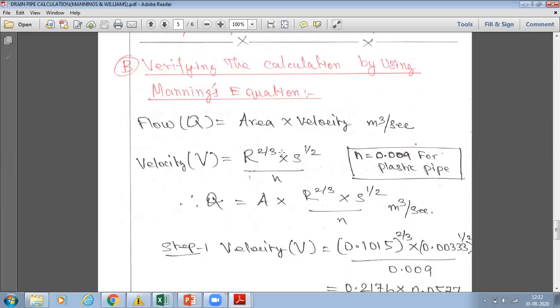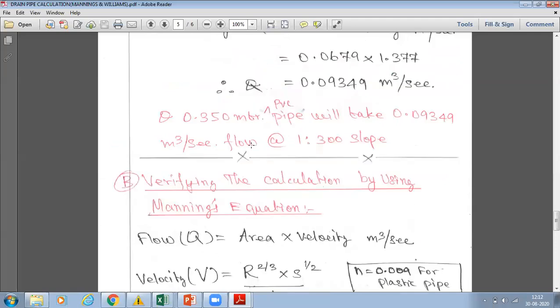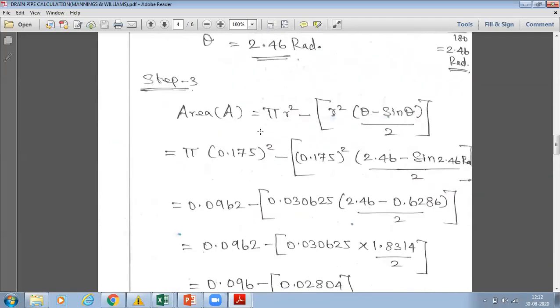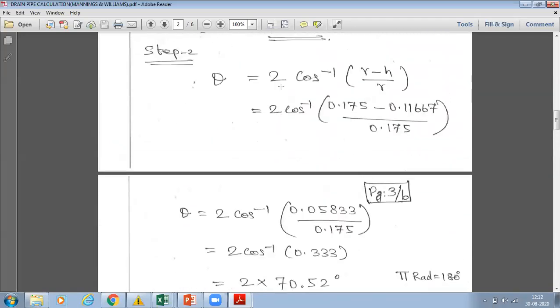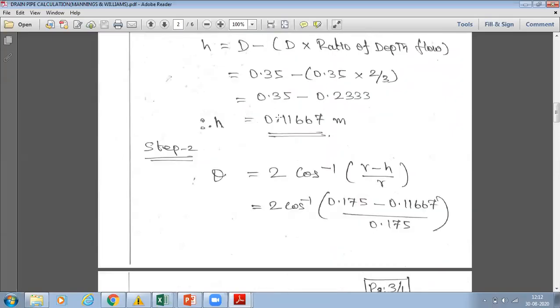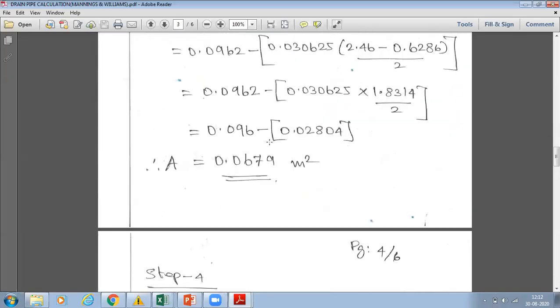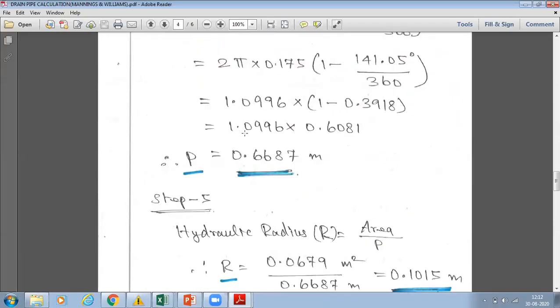Everything I calculated, the R value, P value, area, theta, everything is calculated here. From here we have to take and put, then we will compare how the value is coming.